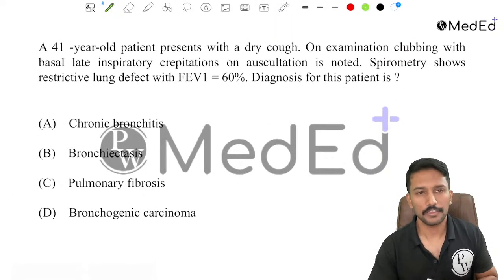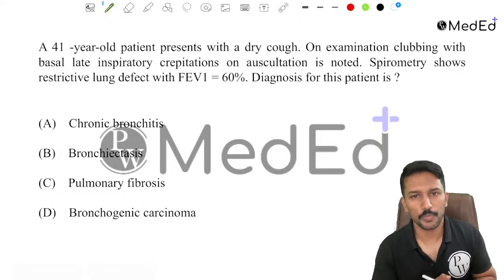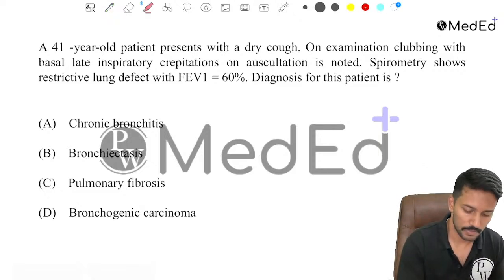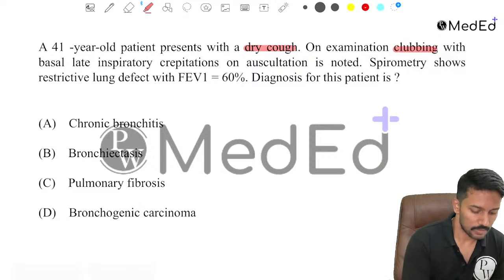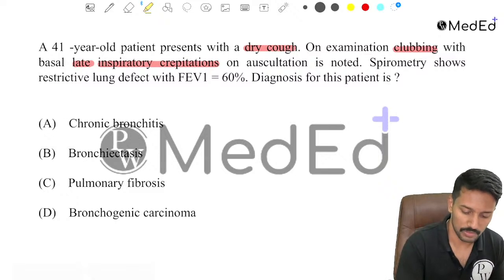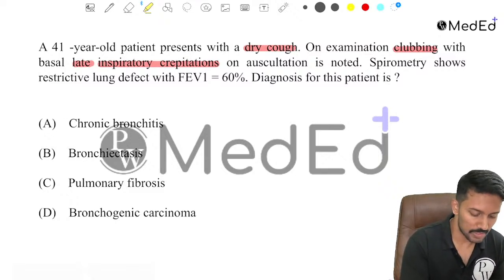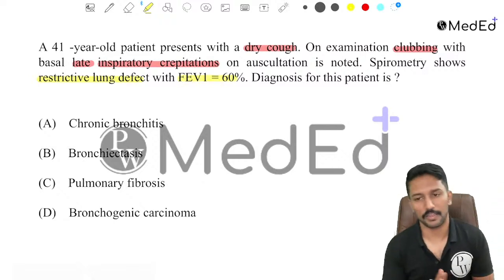Okay. In this question, we have a 41-year-old who presented with dry cough. On examination, there is clubbing with basal late inspiratory crepitations, right? Late or end inspiratory crepitations on auscultation. Spirometry shows restrictive lung defect with FEV1 of 60%. What is the diagnosis?